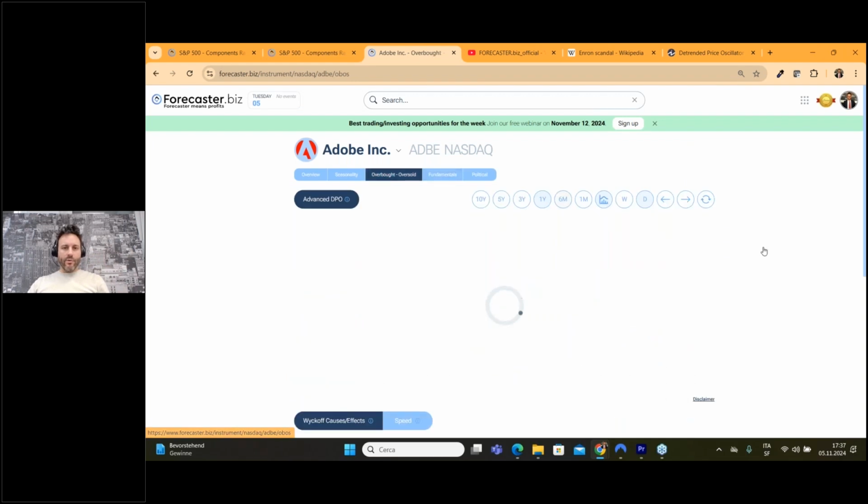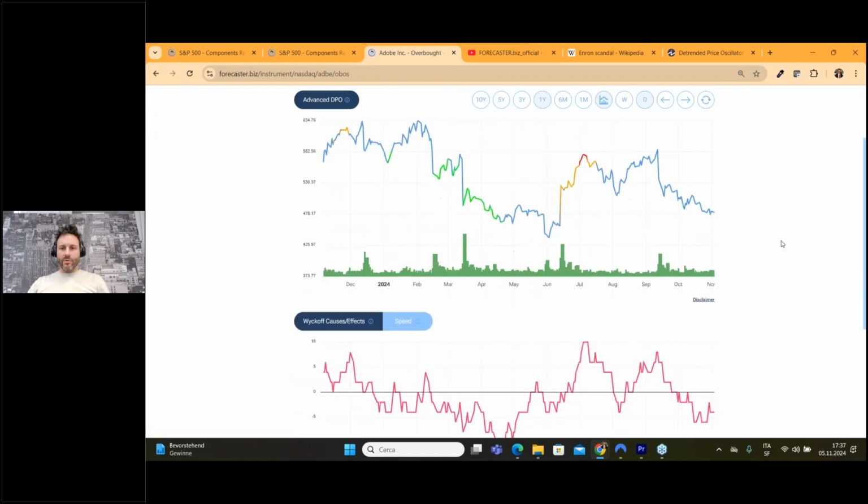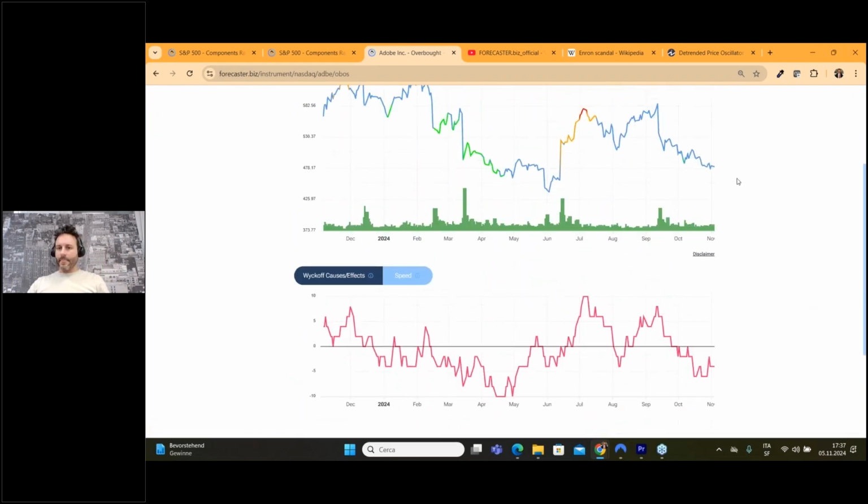But if we go to the overbought and oversold, what we can see is that probably this stock will go back to this lower point, because look, at the moment we do not have spikes in volumes. At the moment, we do not have a divergence between prices and our indicators.